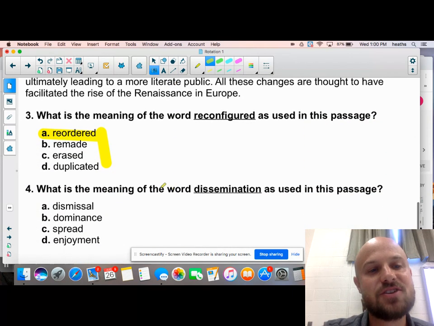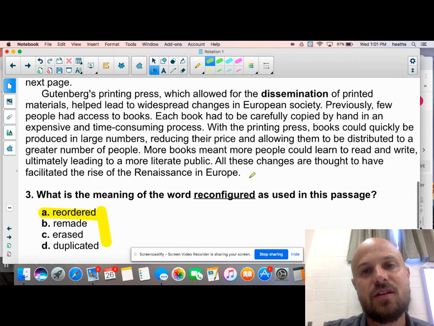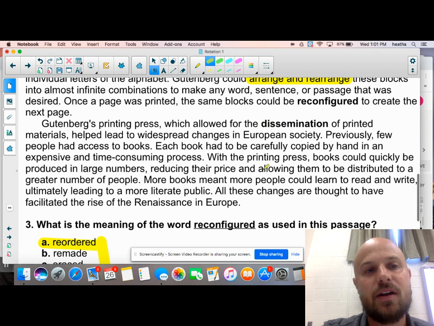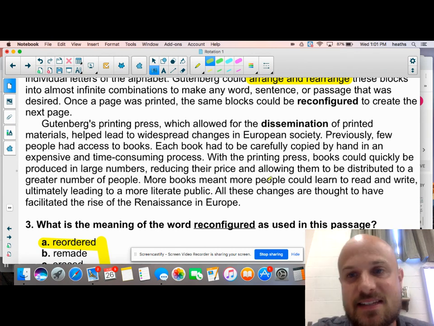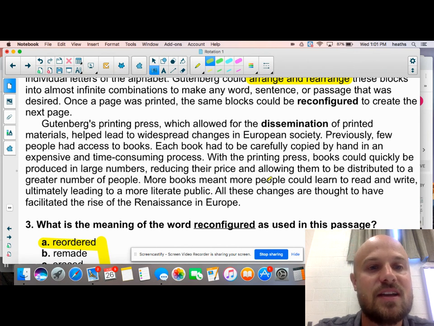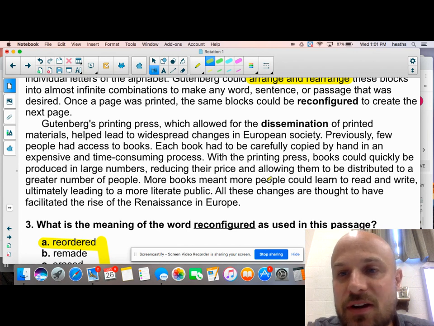Okay, now let's finish up with question 4, which is what is the meaning of the word dissemination? Dissemination is up here. Gutenberg's printing press, which allowed for dissemination of printed materials, helped lead to widespread changes in European society. Previously, few people had access to books.